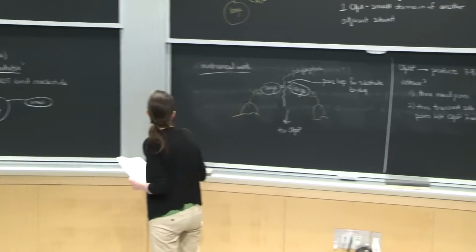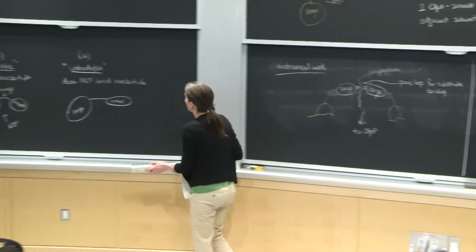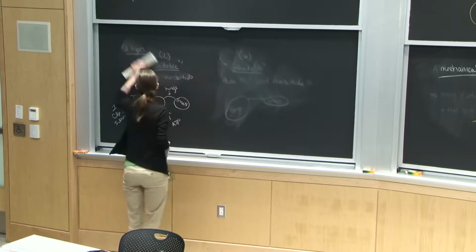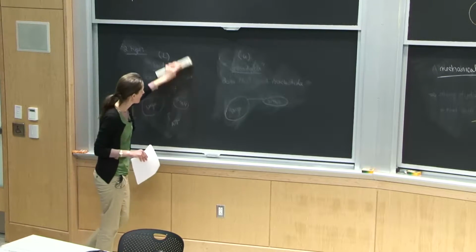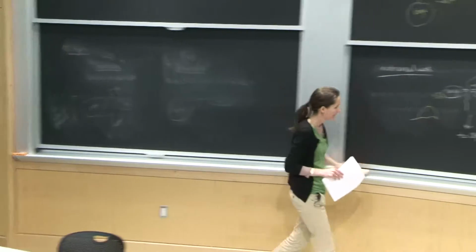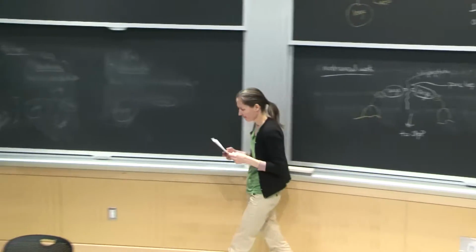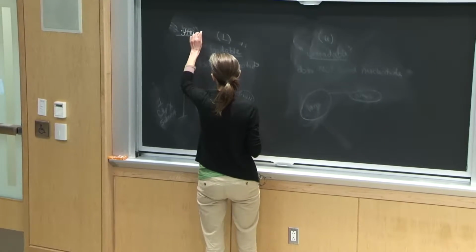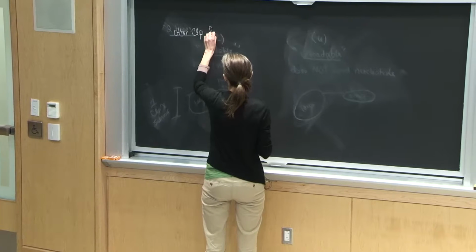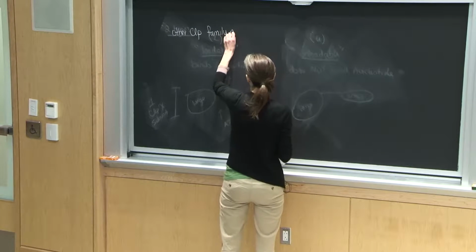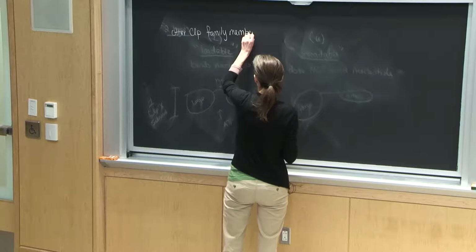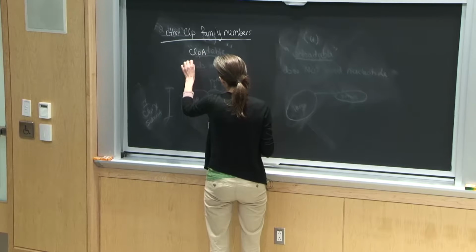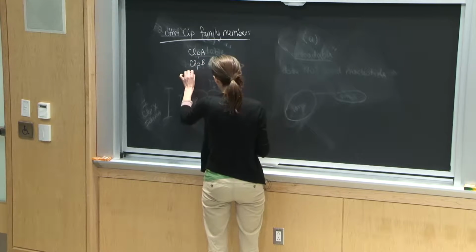One last point on the Clp system before we move on to Module 4. You should just be aware that there are other Clp family members, not only ClpX and P. So there are players ClpA, ClpB, in addition to ClpX.